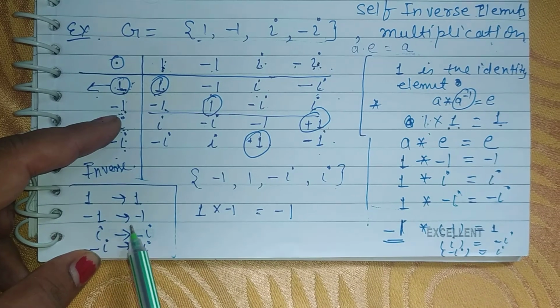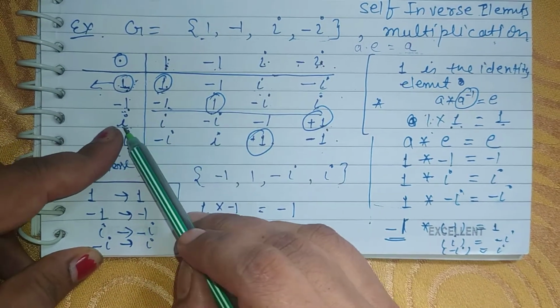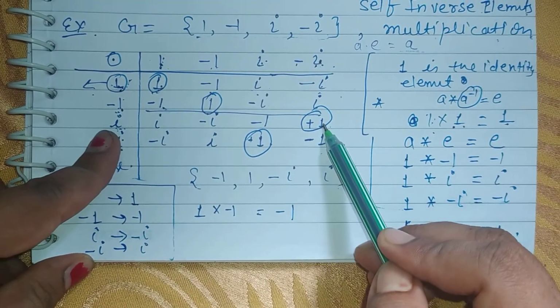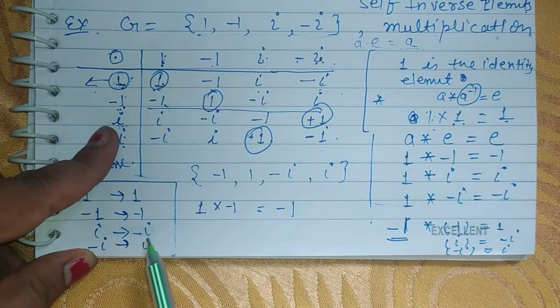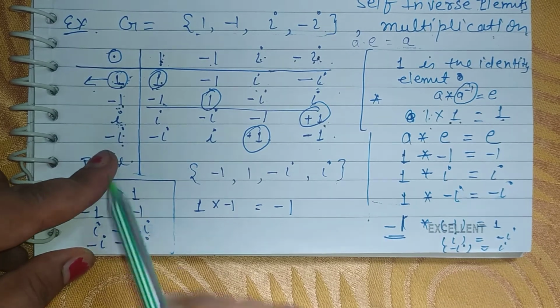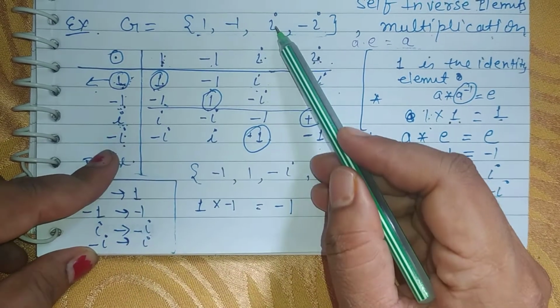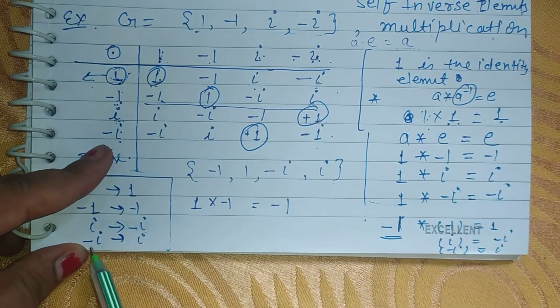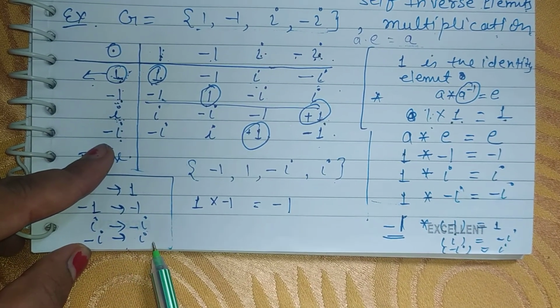So minus 1's inverse is minus 1. Similarly, iota multiplied by minus iota gives 1. So the inverse of iota in this case is minus iota, and minus iota multiplied by iota gives 1. So minus iota's inverse is iota.